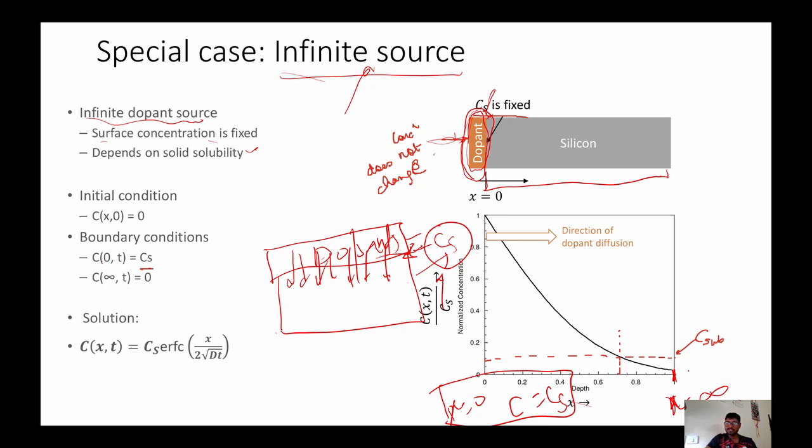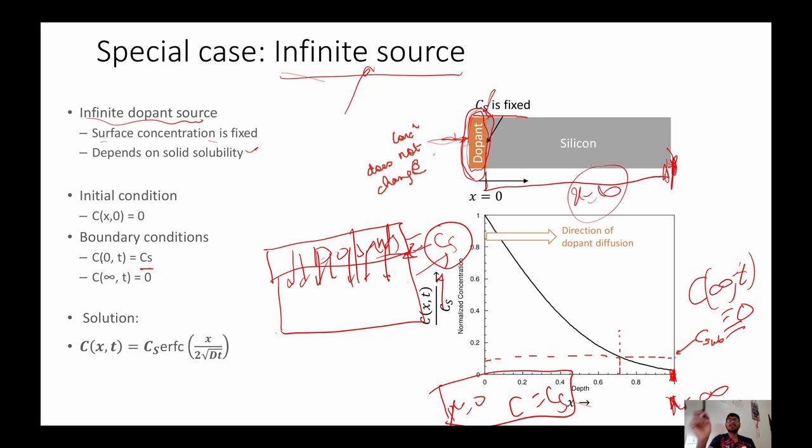We are assuming that C(∞,t) at any time is equal to 0. No dopants are reaching the end of the silicon wafer.